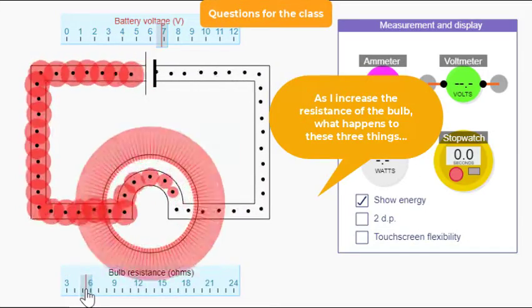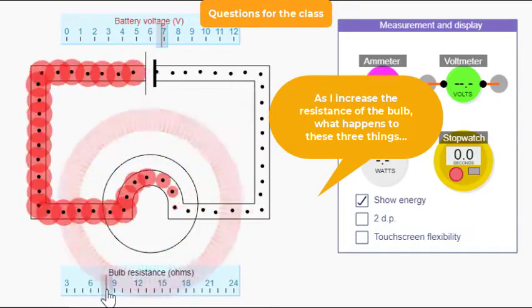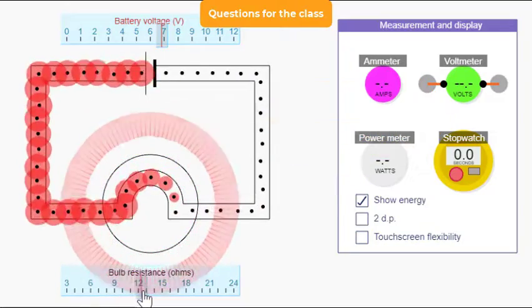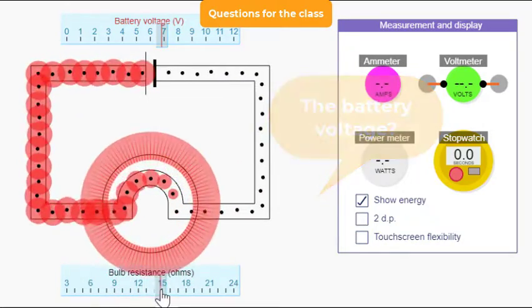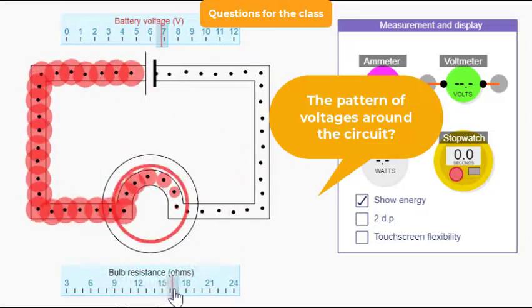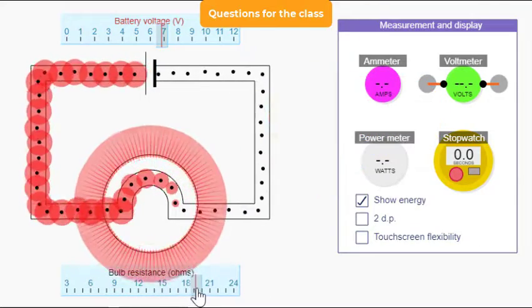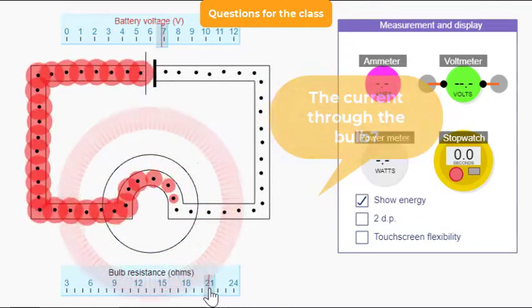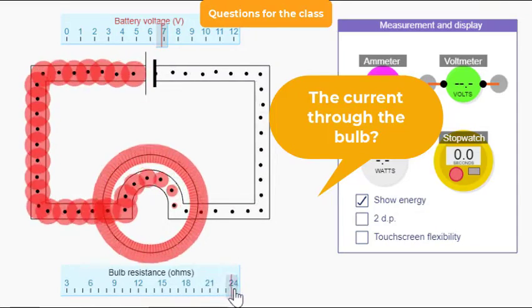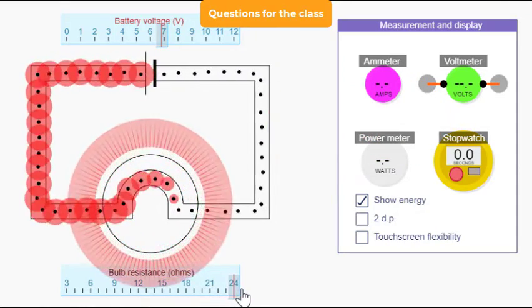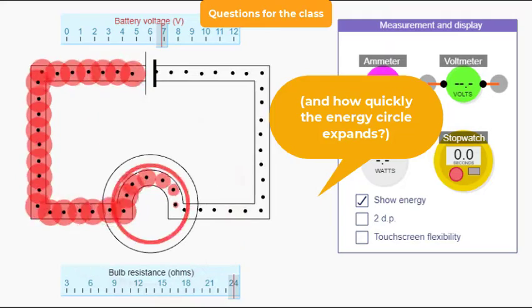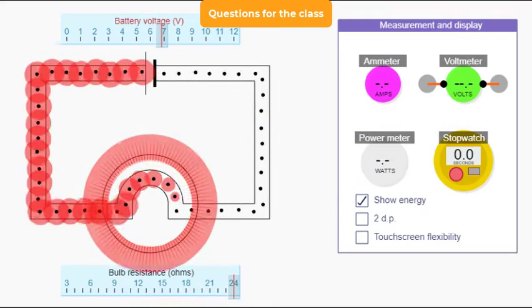As I increase the resistance of the bulb, what happens to these three things? The battery voltage stays the same. The pattern of voltages around the circuit stays the same. The current through the bulb decreases, and the energy circle expands more slowly.